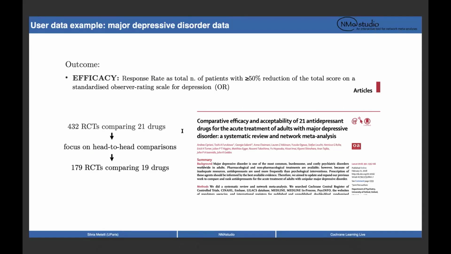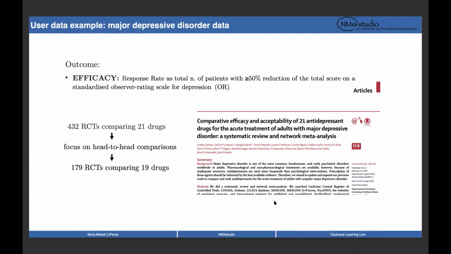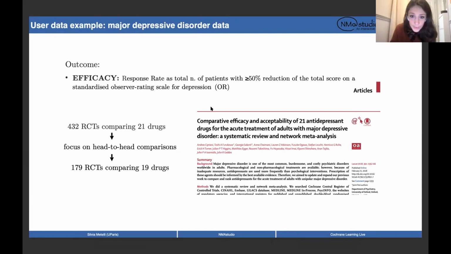Just to note, in the chat there is one question about whether it is possible to have a confidence interval for direct and indirect evidence for each comparison in the node-splitting. For consistency, is it possible to generate a forest plot? Yes, the typical forest plot that NetMeta has from netsplit.